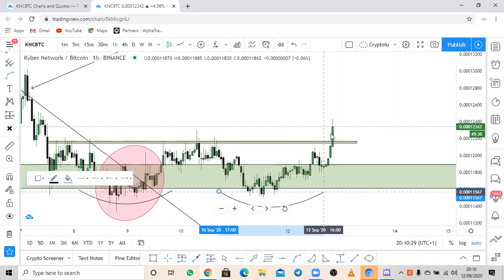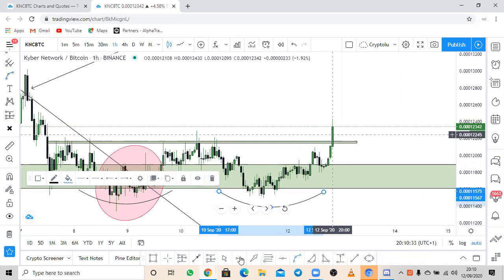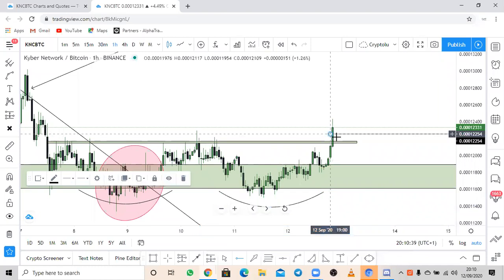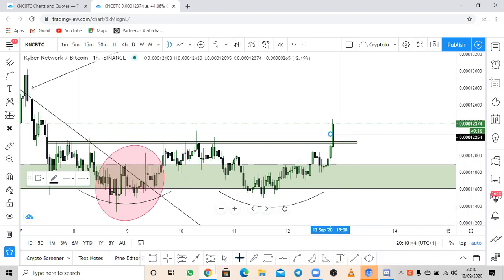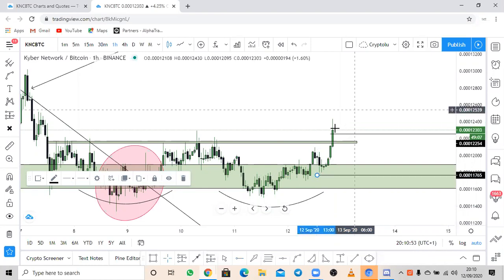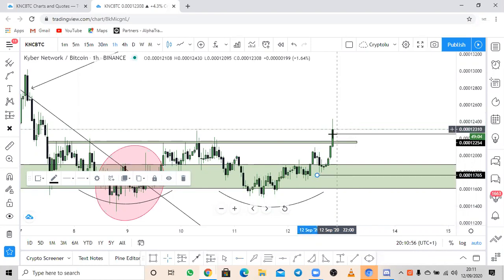We brought the breakout around this level here, and our stop loss would be below this level. Considering the targets on the daily time frame, this is just a small movement. It's nothing to compare to what is achieved on the daily chart. So this doesn't mean anything.